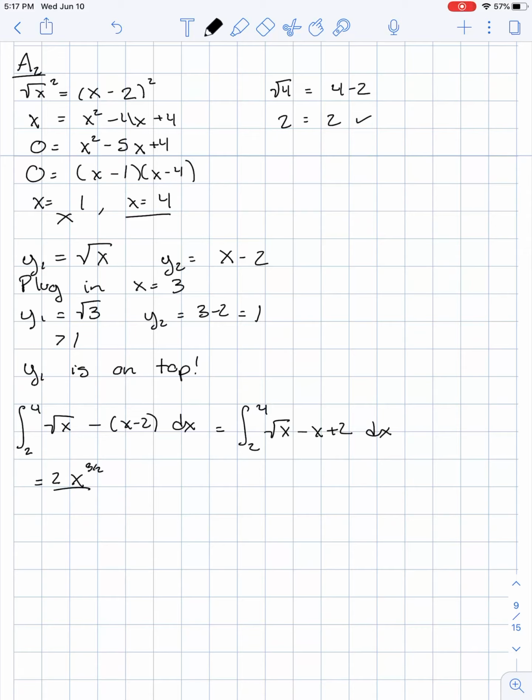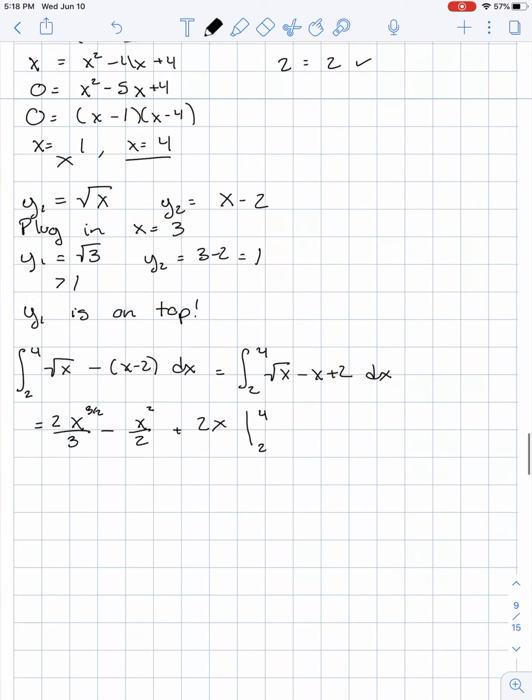So this is going to equal x to the 3/2 times the reciprocal of 3/2, which is 2/3, minus x squared divided by 2, plus 2x, since the constant's antiderivative is that the constant becomes a coefficient in front of x. So I'm going to evaluate this from 2 to 4.